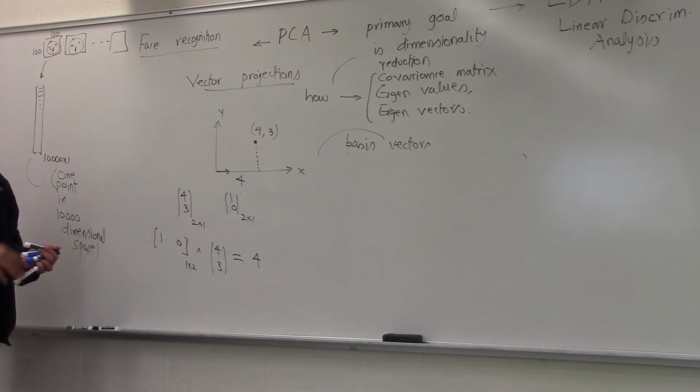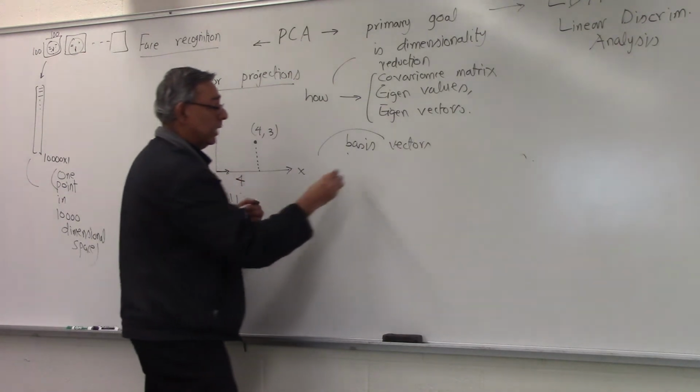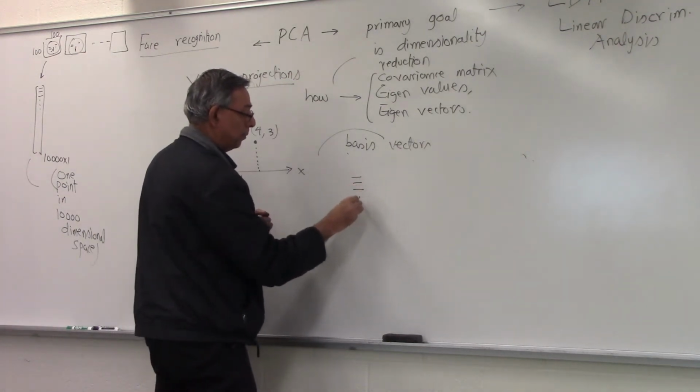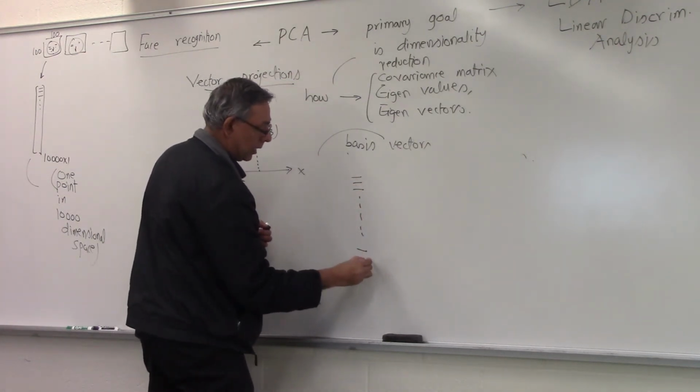Now let's pretend somehow, and we'll worry about the details later, we came up with 30 basis vectors. So each one of them will be 10,000 by 1.